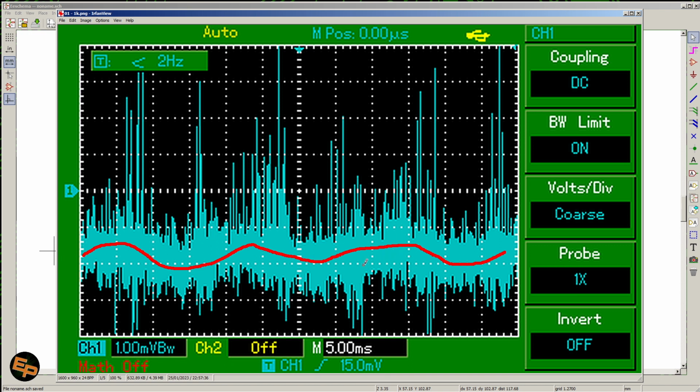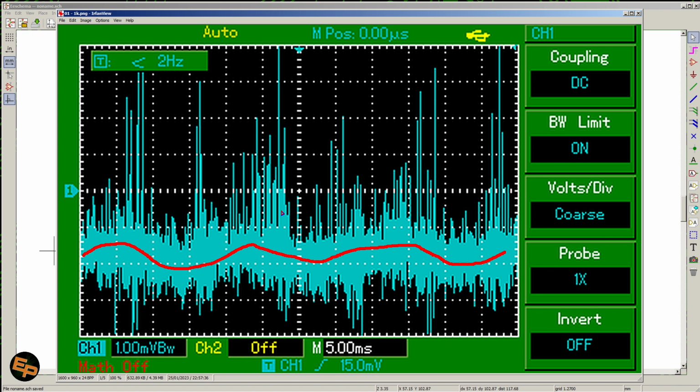We're going to measure peak-to-peak voltages from now on, because it's easier and makes comparisons easier. Here we have 1 millivolt per division, and about 2.5 millivolts peak-to-peak, let's say. We're going to ignore these very sharp spikes.